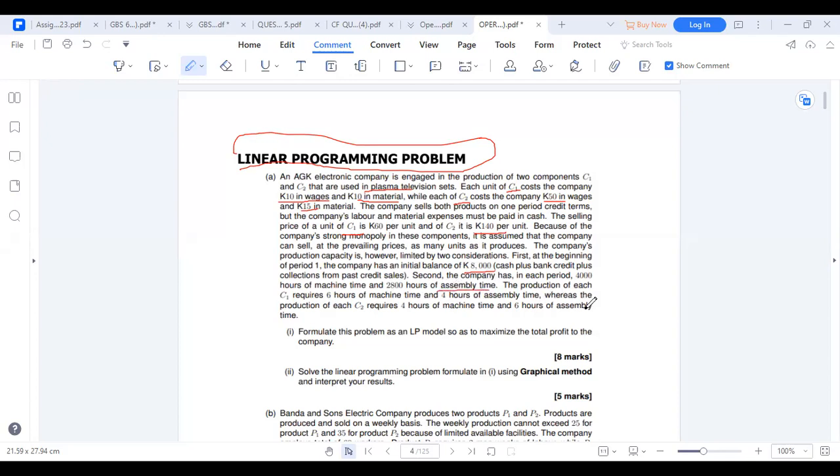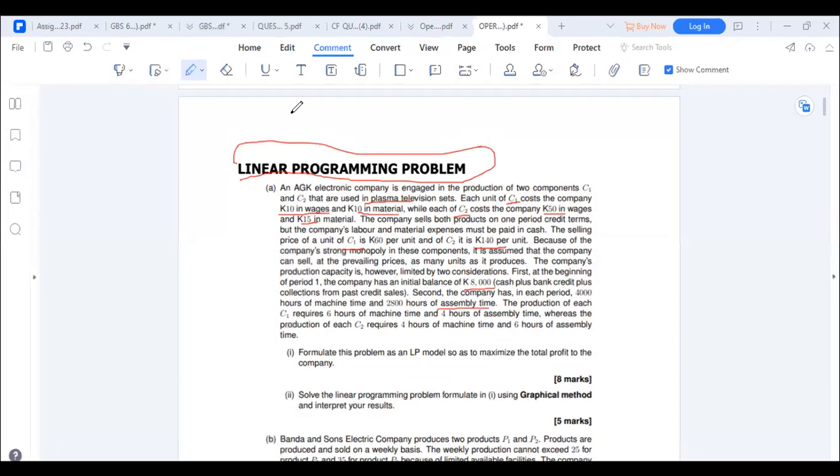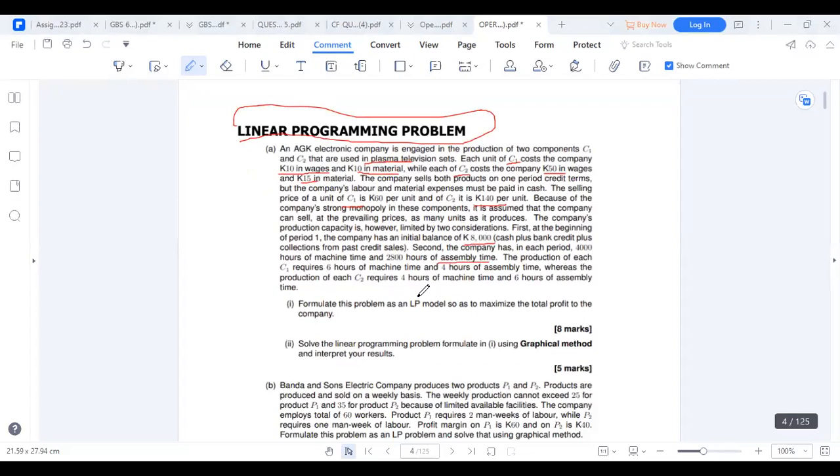The production of each C1 requires 6 hours of machine time and 4 hours of assembly time.